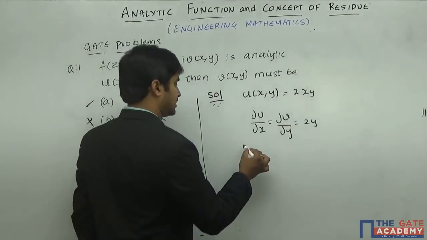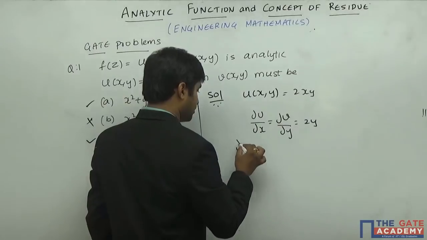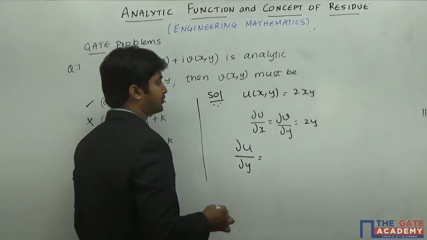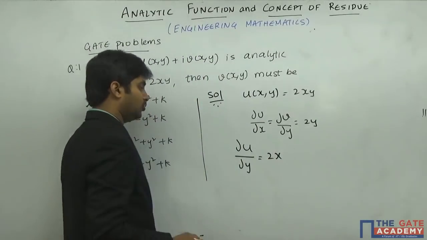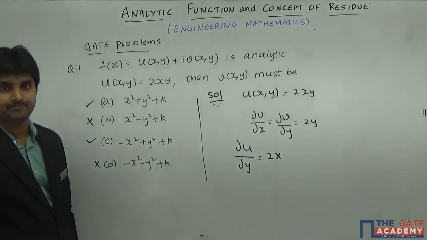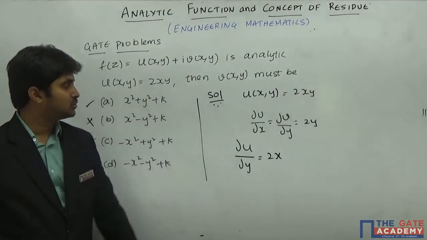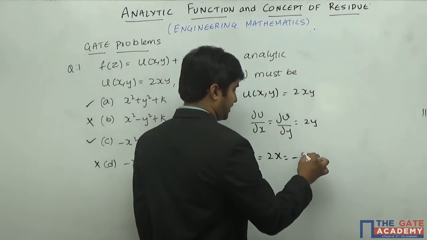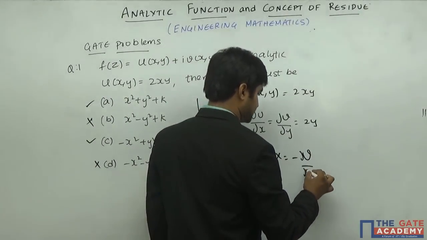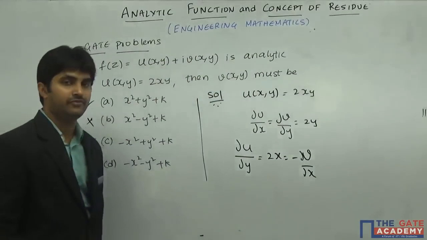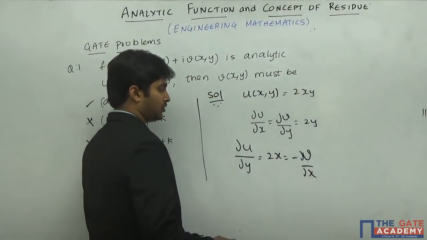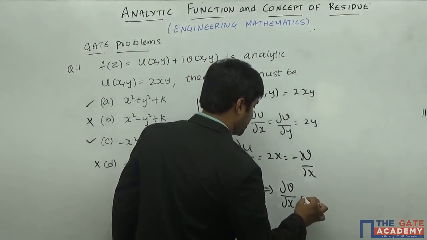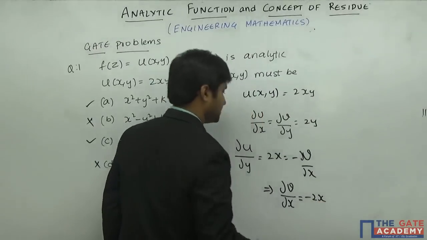For the second condition, u of x comma y was given. We can find the value of dou u by dou y, which is equal to 2x. This should be equal to minus of dou v by dou x, which implies that dou v by dou x should be equal to minus 2x.